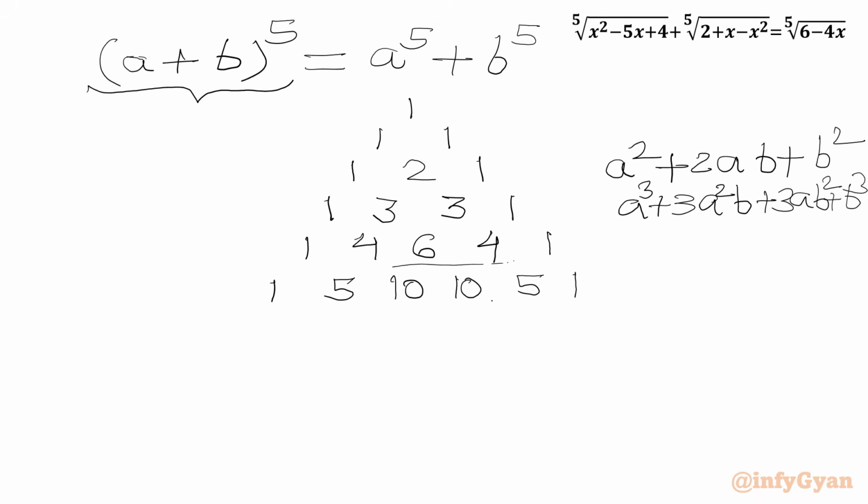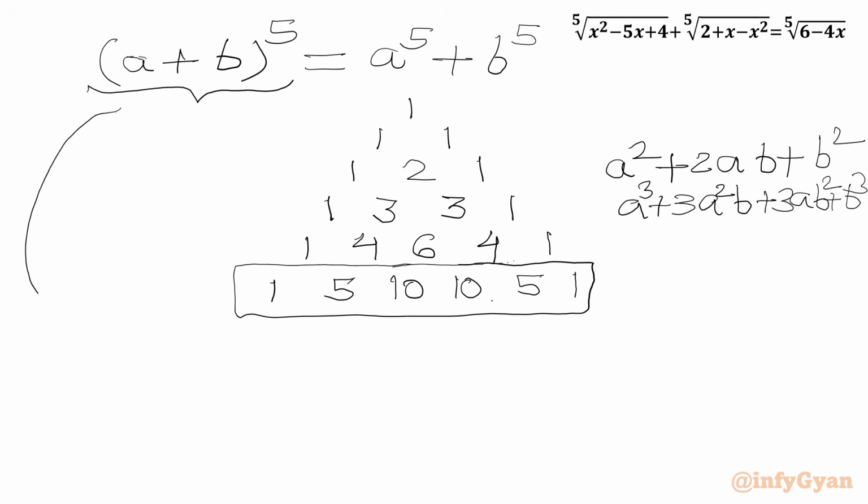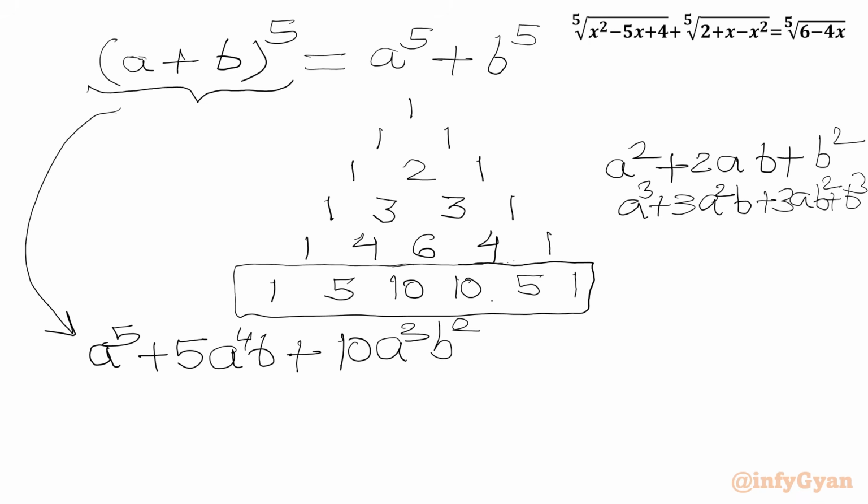So here we have the expansion coefficients or multipliers. Now we can expand over here. We'll write 1 times a power 5 plus the next coefficient is 5, so 5 times a power 4 times b. Next coefficient is 10, so 10 a cube b square.